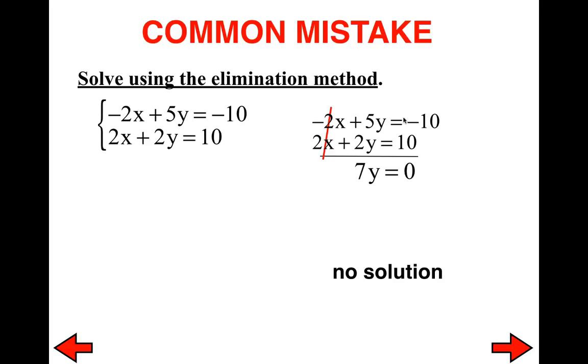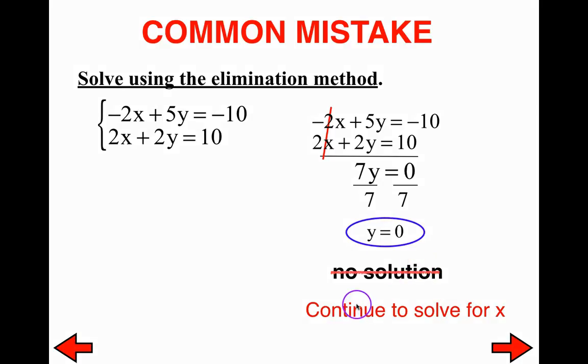Here you hopefully recognize that you're not done. If you divide both sides by 7, you realize, hey, y actually equals 0. So it's definitely not no solution. In fact, you would have to continue solving to figure out what x is. So please don't assume the second you see a 0 that it's going to be no solution.